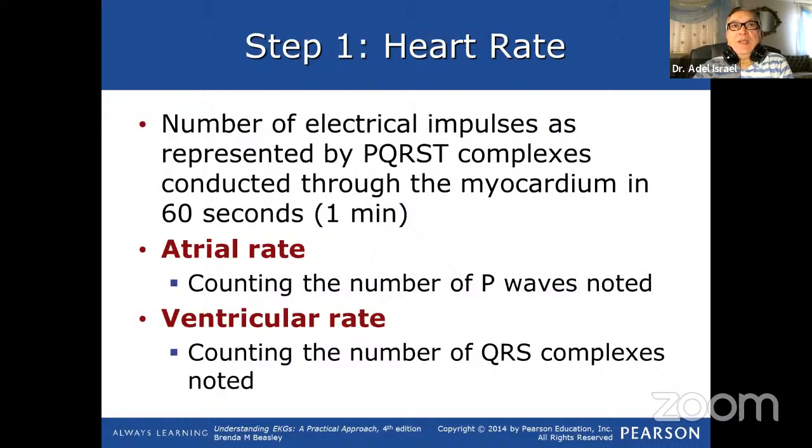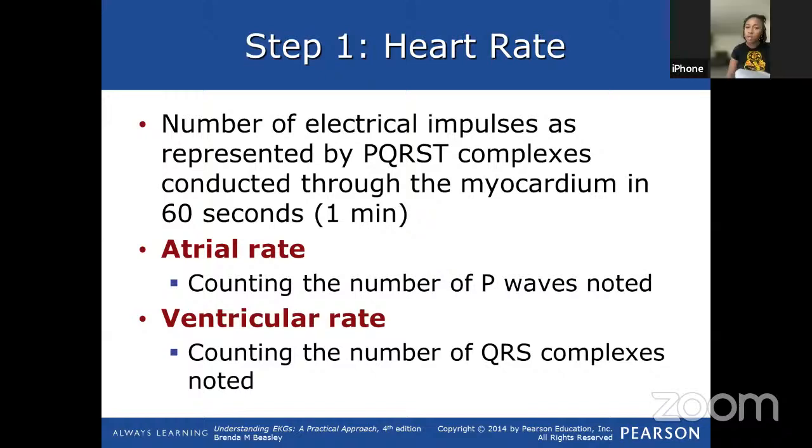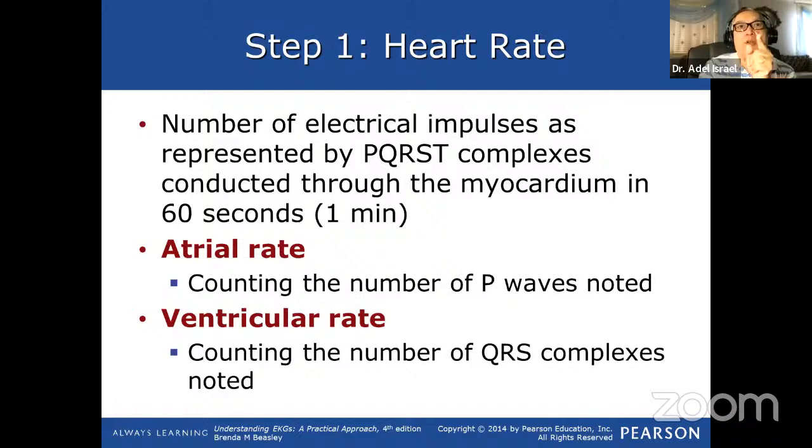And we mentioned, of course, that 1 minute needs, anyone can answer this question, how many big boxes or big squares in 1 minute? Let me listen to you. 1,500. This is small boxes.